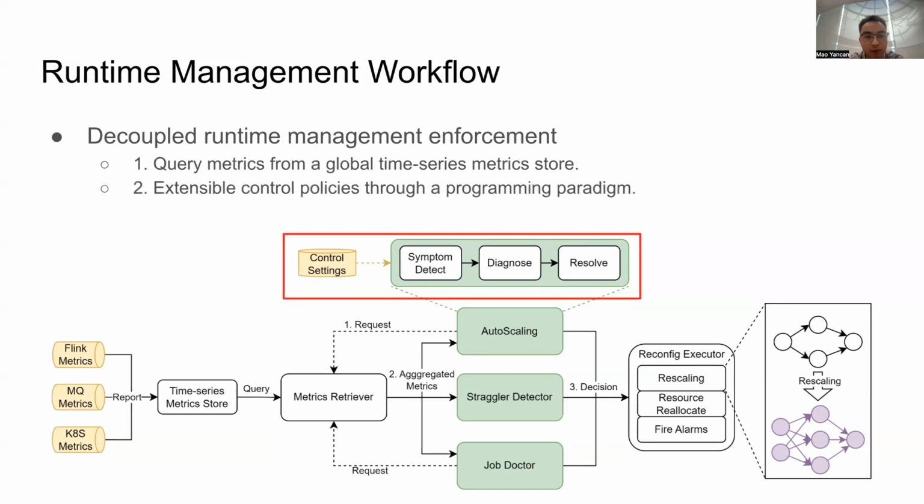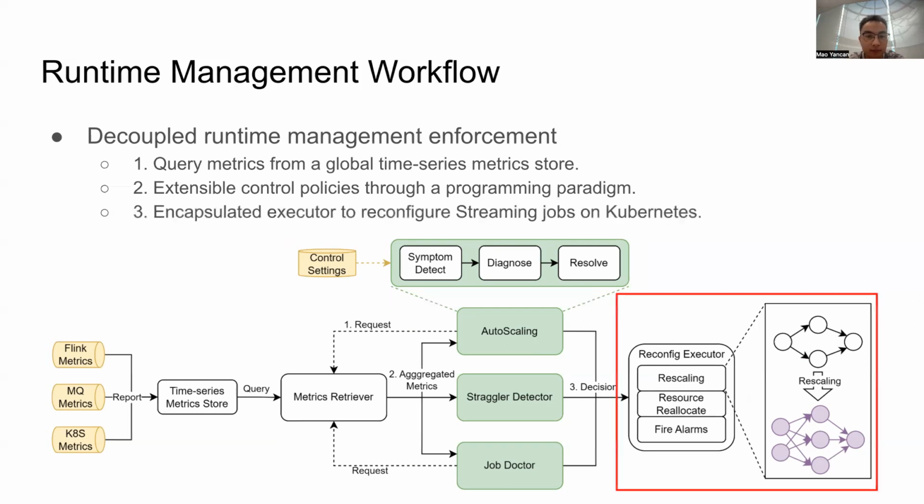Second, all control policies are extensible and follow a detect, diagnose, resolve paradigm to explore runtime optimization opportunities for streaming jobs. Each control policy can also expose control settings for streaming jobs to fine-tune behaviors according to their stream processing scenarios.